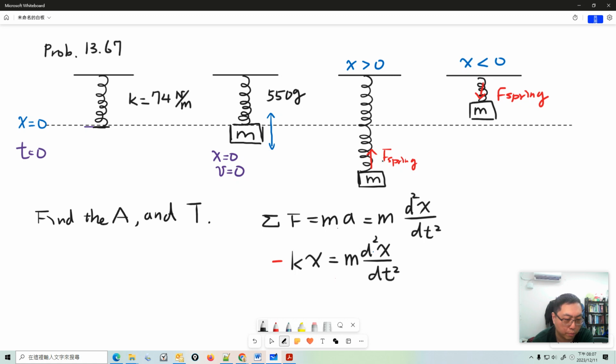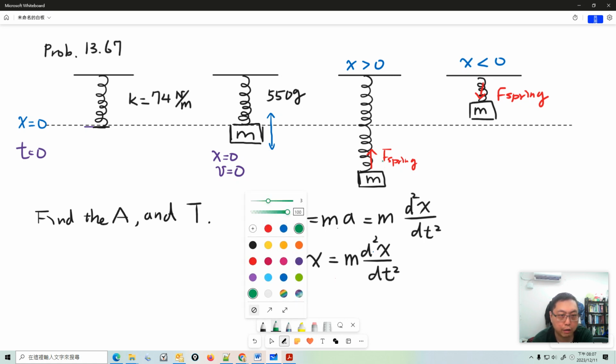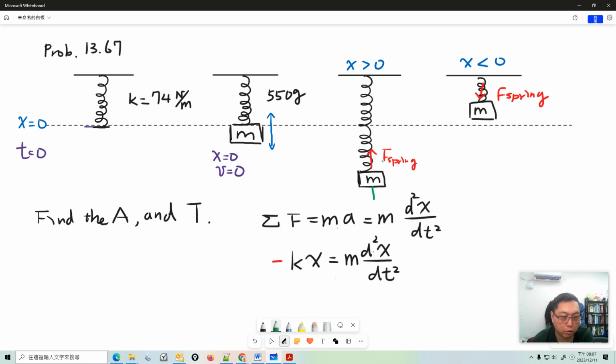So there will be an extra force. What's the extra force? I think you know: mg, pointing down. I say everything below x equal to 0, pointing down, is positive.